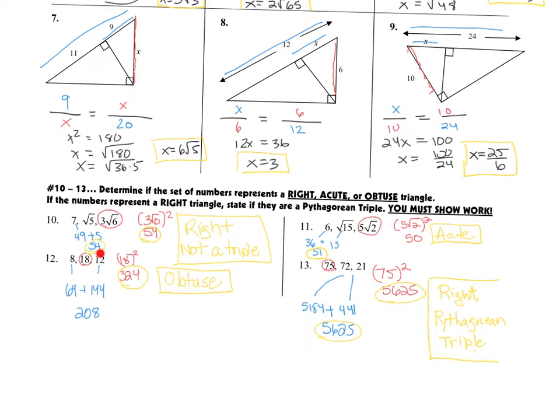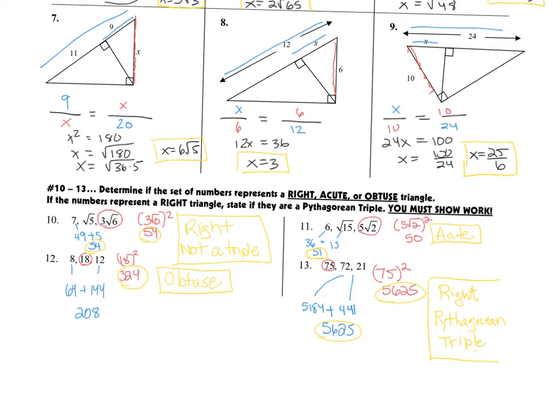So you can see that in number 10, that result is the same as the hypotenuse, and so therefore this is a right triangle. It is not a Pythagorean triple though, because we have radicals as our sides, and a Pythagorean triple is a right triangle, but our sides have to be whole numbers.